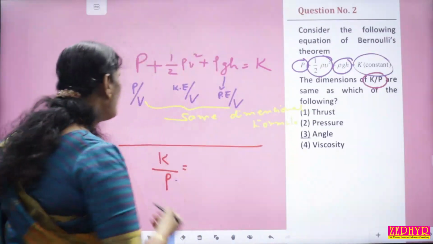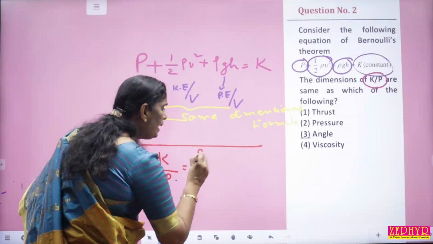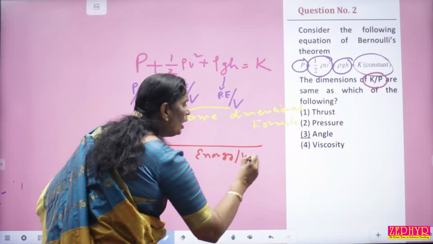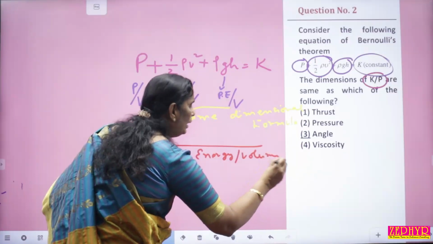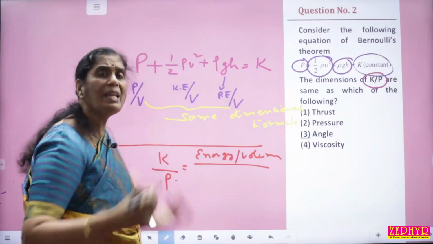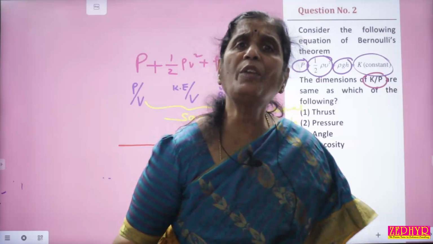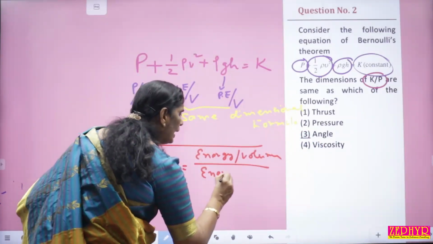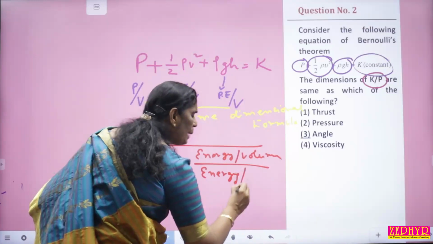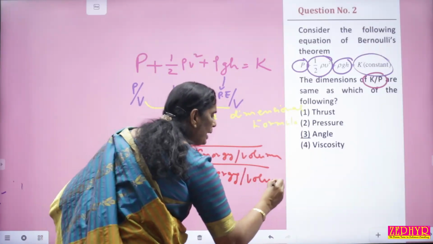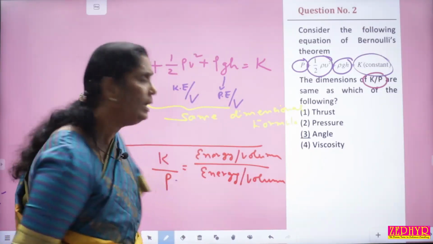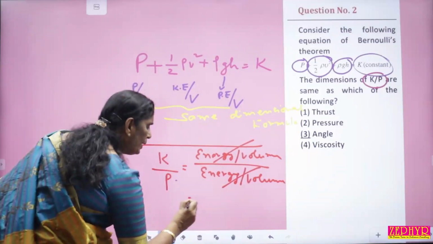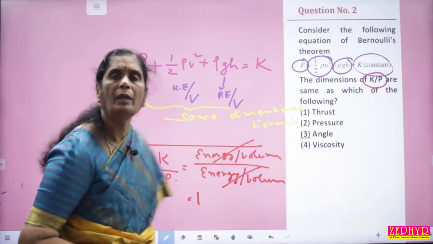The nature of K is energy per unit volume. And P is also pressure energy per unit volume, so we can write it the same way, whatever the type of energy. Now both are of the same nature, so they will get cancelled. So we'll get 1.